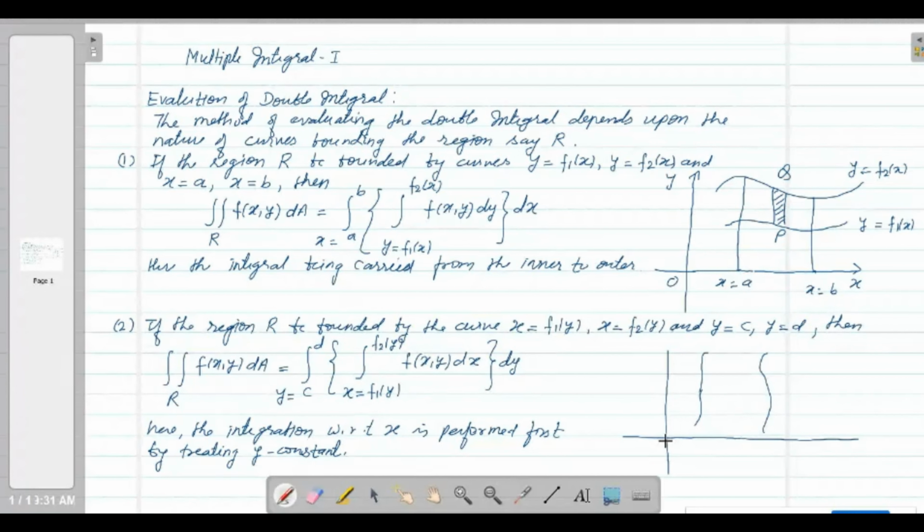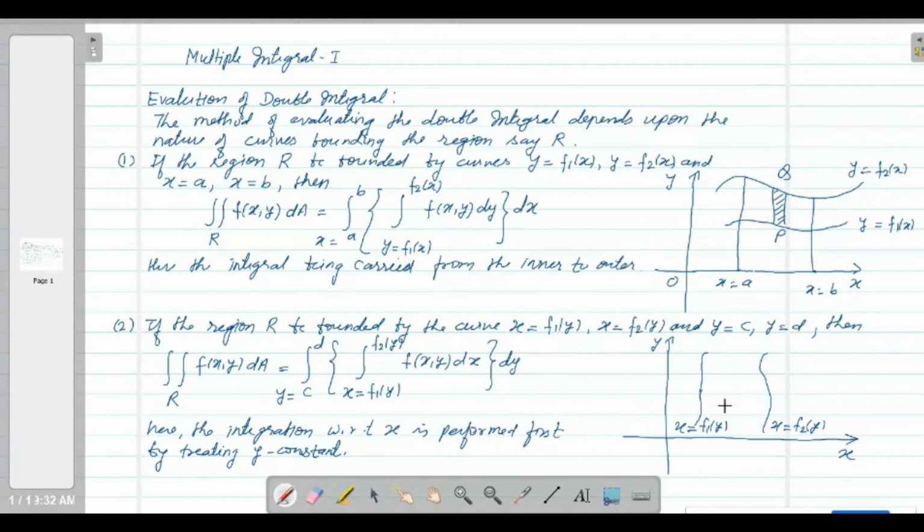Your curve is given to you and we have to find the area bounded by the region. Your lines are given, y equal to c and y equal to d. This is your y axis and this is your x axis. This is x equal to f1(y) and this is x equal to f2(y). We have to determine the area bounded by this curve.